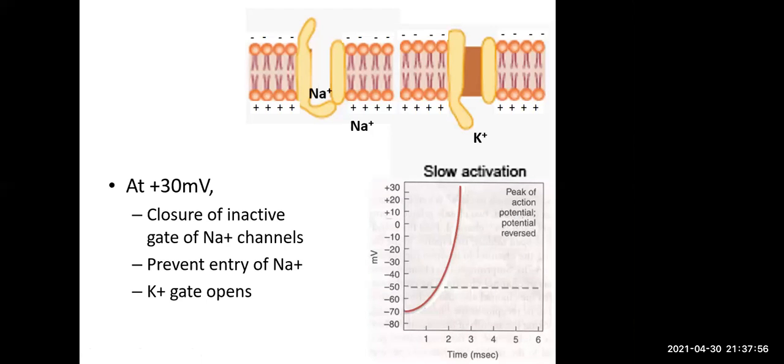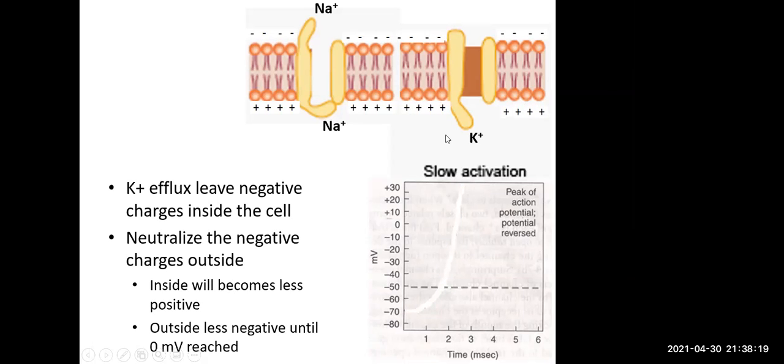So the opening or closing of these gates depends upon the change in the membrane potential. There will be a change in the protein configuration, thereby the gates open or close. At plus 30 millivolt, the potassium gate opens. Now potassium can move out, what we call potassium efflux.